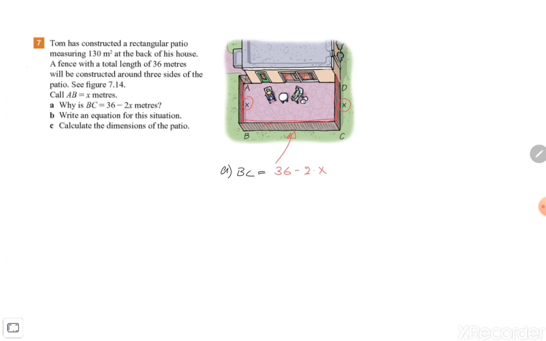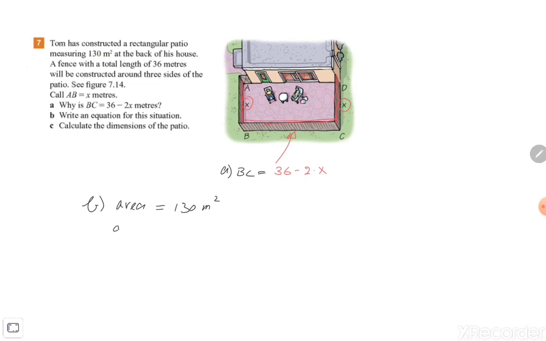Exercise B is write an equation for the situation. We can say that the area was 130 square meters. Yeah, so we know just the number 130 square meters.